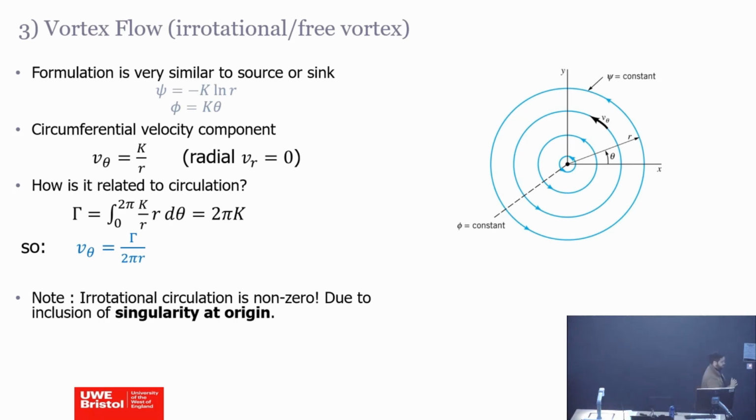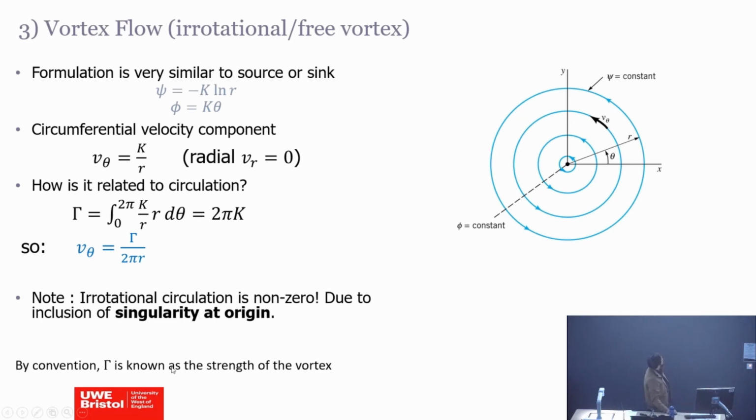So if circulation is non-zero, that means there is vorticity. So the origin of the vortex flow actually has vorticity. So it's rotational, it's not irrotational, sorry. That's why exactly at the center of the vortex we can't apply potential flow theory, because we have vorticity there. So that's the key point to remember.